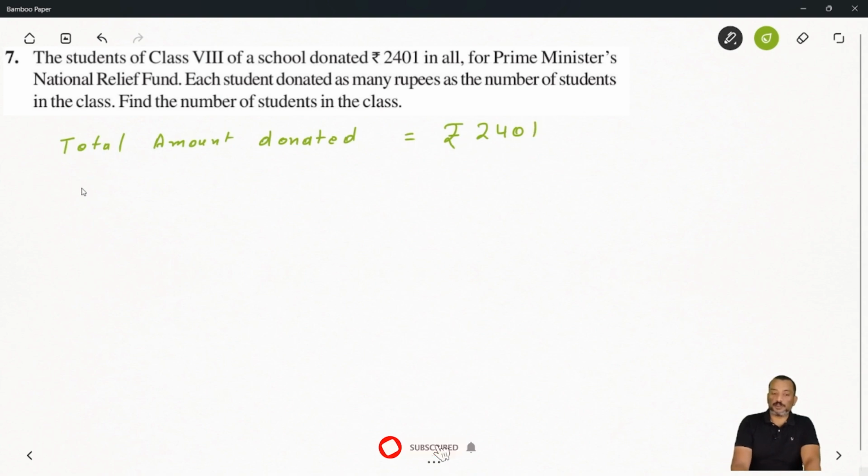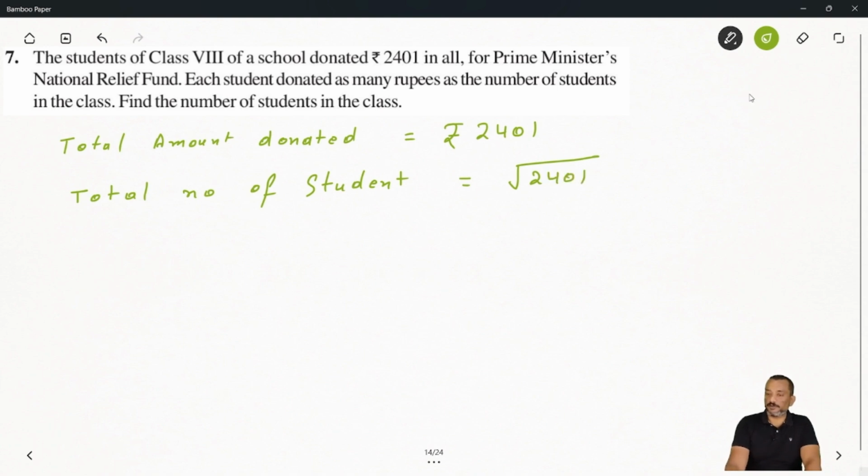Now after that, total number of students we have to find. So simply we can find the square root of the total amount donated. So we can find here the square root of 2401. So you can do rough work if you want the prime factorization.